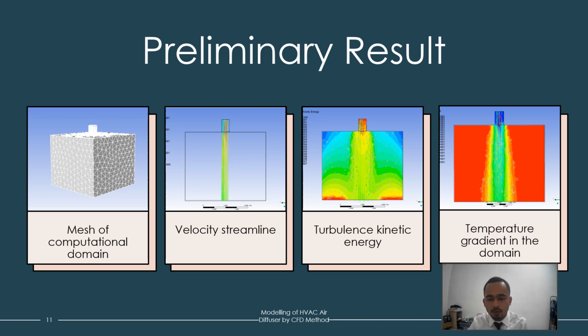Seems don't have any problem. And for the last figure is the temperature gradient in the domain. So since the velocity only focusing on the center of the room, the temperature gradient also shows the same characteristics. So just the same, the geometry might need to be altered to provide better results.